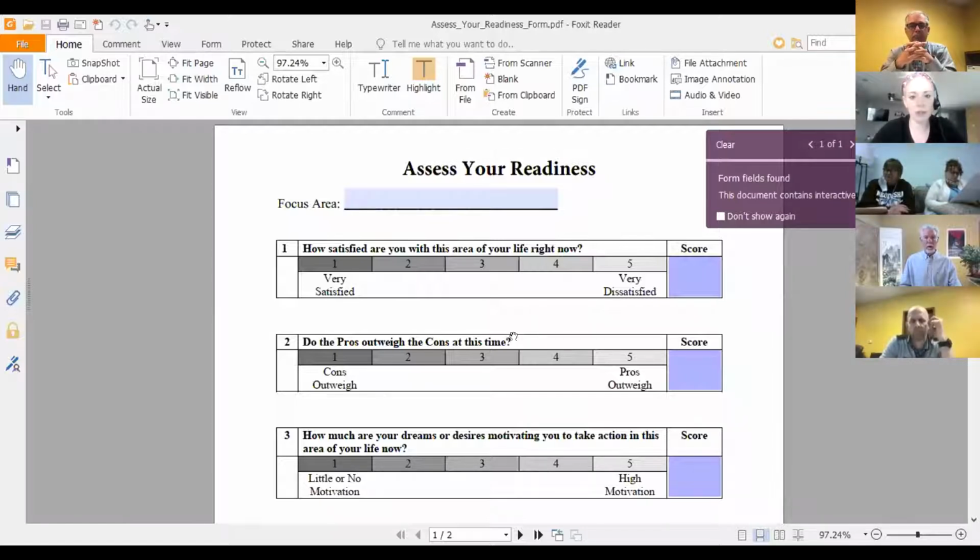You've been introduced to the circle, you've been introduced to the pillars, and you've already assessed where your strengths are and where those elements are, maybe some that need support, or maybe you want to change something to be better or to improve, or maybe it's not the right time.